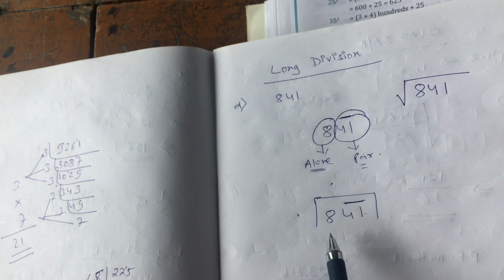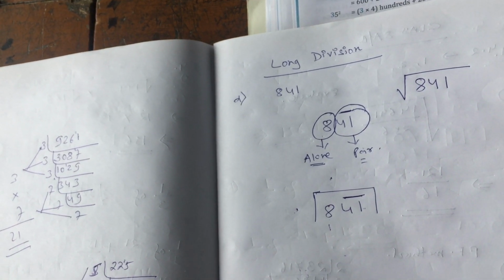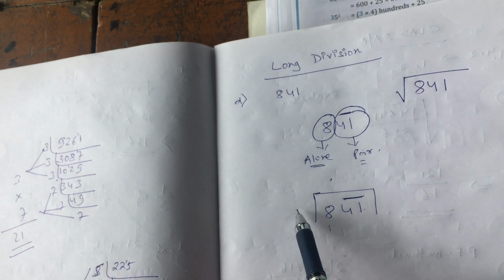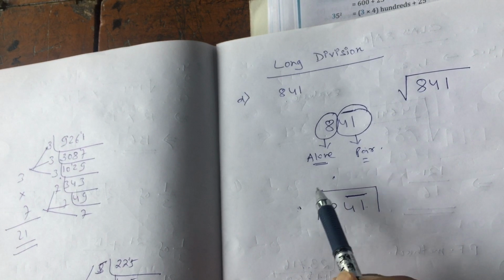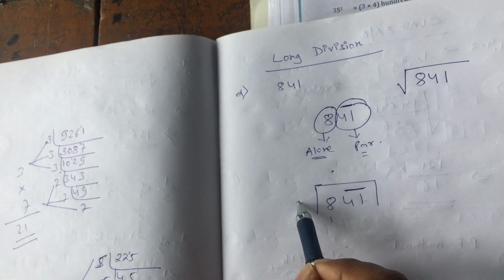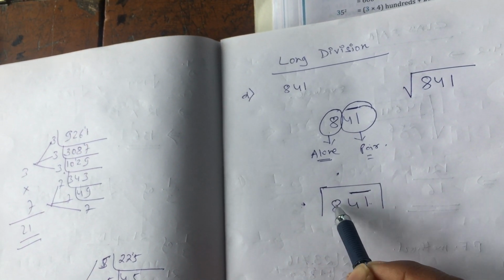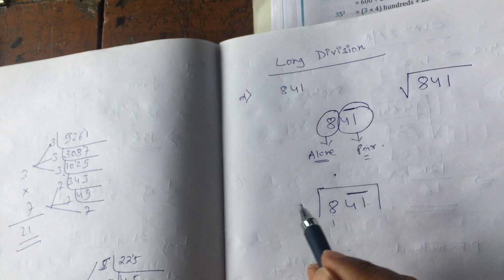Then it will be 1 ones are 1. However, it becomes too less. So let us try with the next number 2. If I write 2, the divisor also will be 2, the quotient also will be 2, then 2 2s are 4. Let us try the next number 3. If I write 3 and 3, then 3 3s is 9, which becomes more than 8. So I will be going to 2.